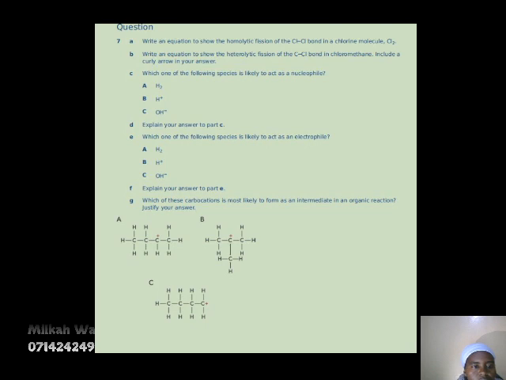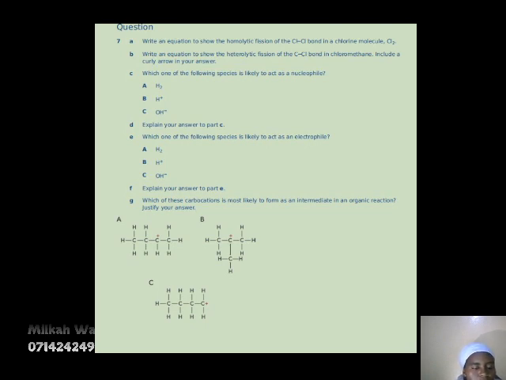Then you are asked which of the following species is likely to act as an electrophile and which one is likely to act as a nucleophile. So for electrophiles, they are the electron donating groups, and the nucleophiles are electron deficient groups. Then you are asked which of the carbocations is most likely to form an intermediate in an organic reaction.